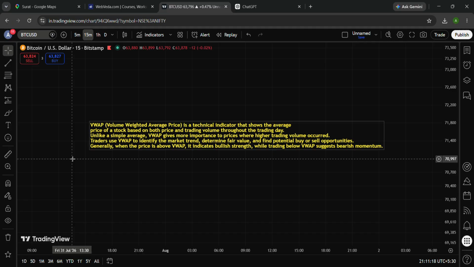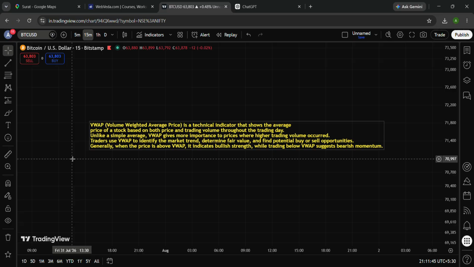Unlike a simple average, VWAP gives more importance to price where a higher trading volume occurred. So VWAP basically tells us what was the exact price point when the high volume trade was executed.